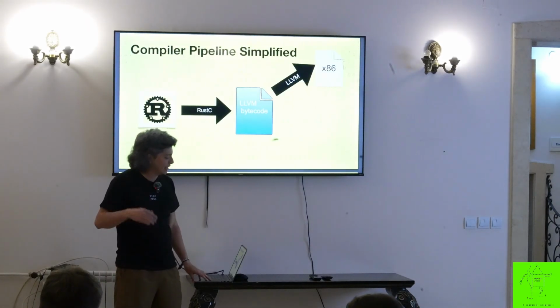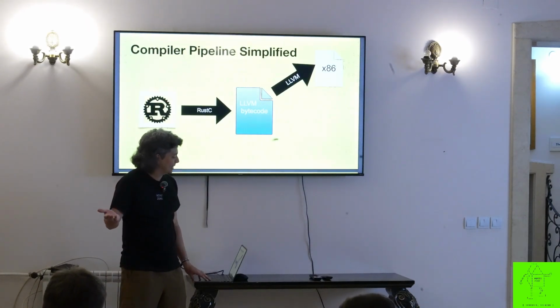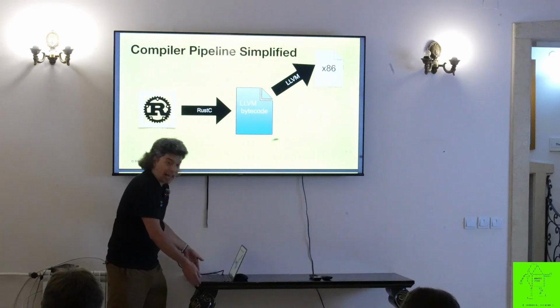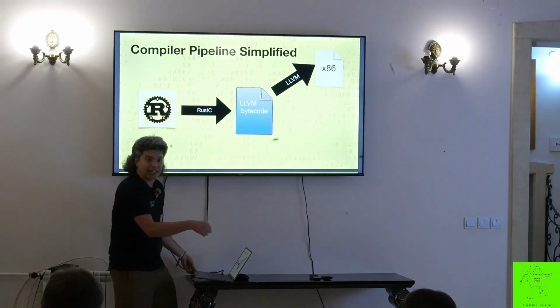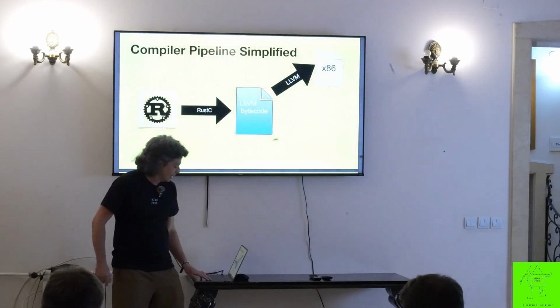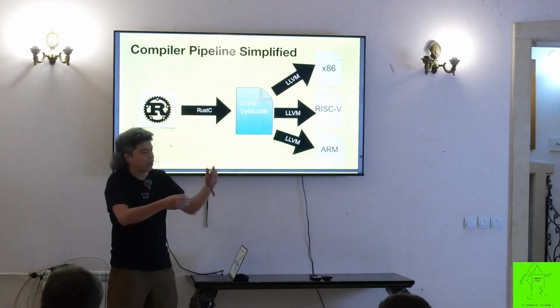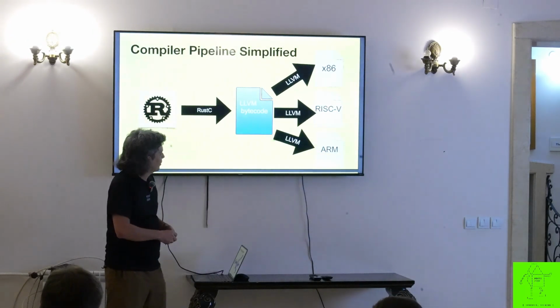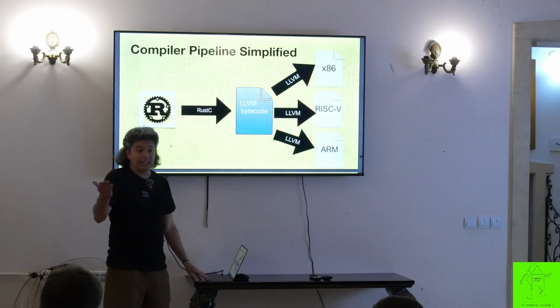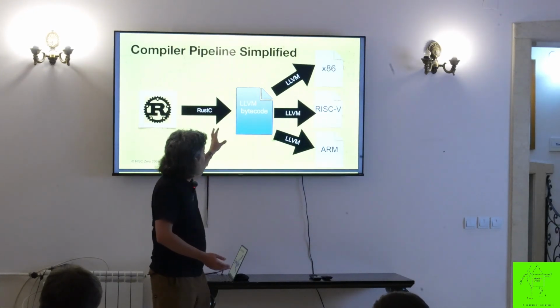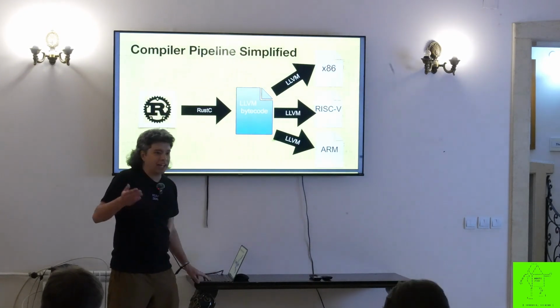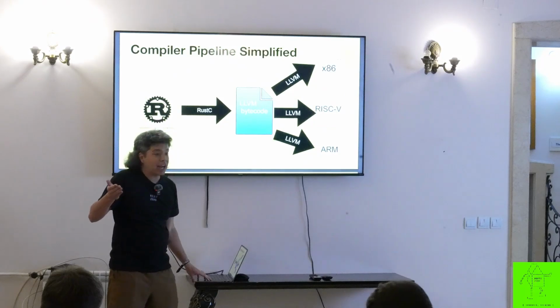For instance, it has support for x86, like AMD chips, like this laptop right here, RISC-V, as well as ARM. ARM would be like Mac and stuff like that. What's really nice about this architecture is that you can write front ends of compilers.